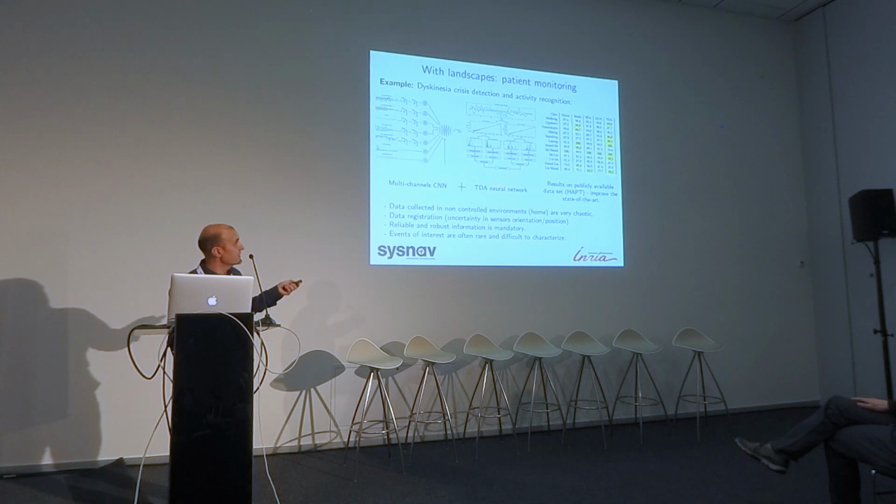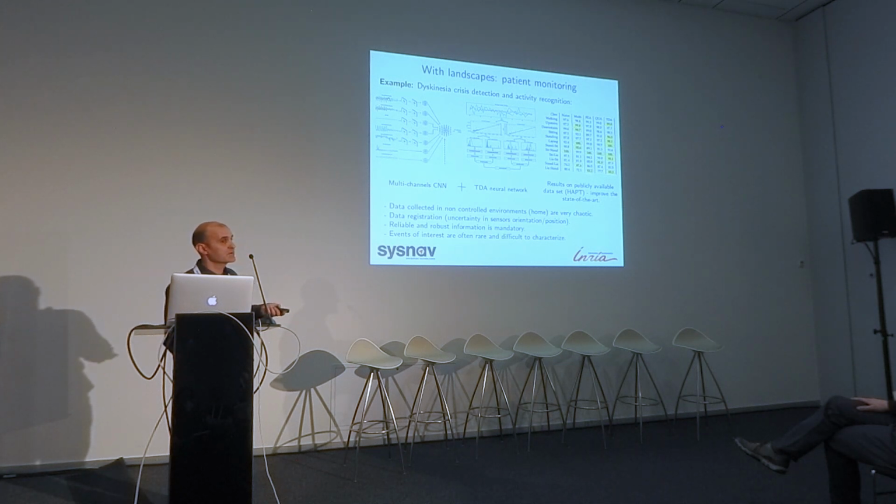And then we added a layer in this network that was taking, for example, the persistence landscapes to improve the technology and the result. And we got some pretty good results, including for another kind of problem about activity recognition.